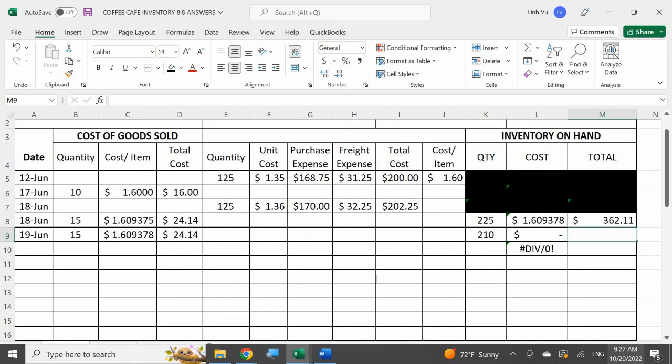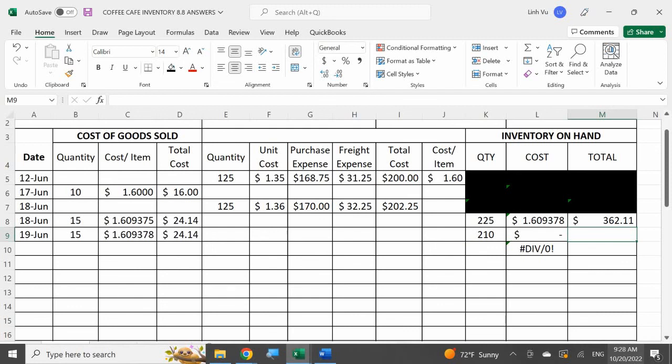You need to keep calculating the average cost per item. That's why it went from 1.609375 to 1.609378, because I ended up selling some of my units.